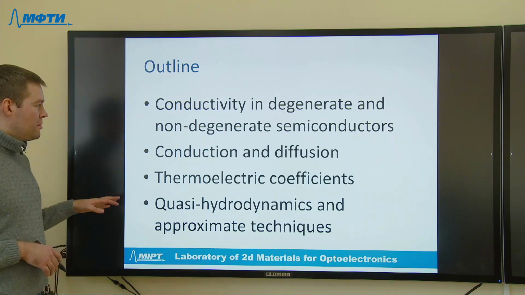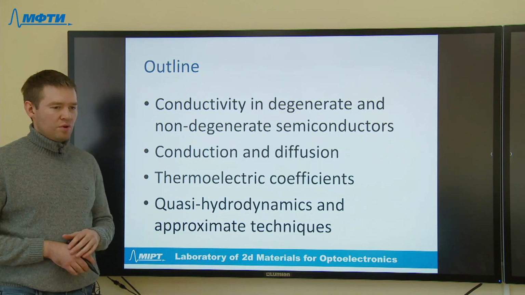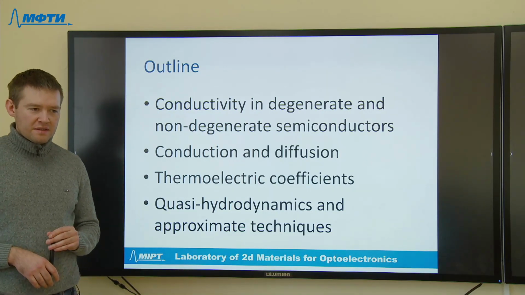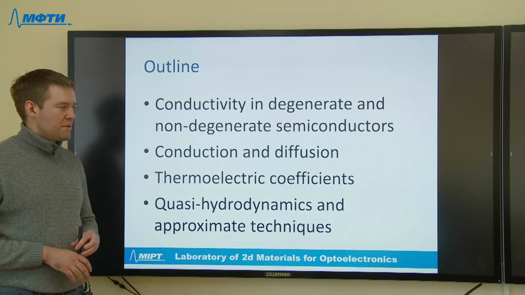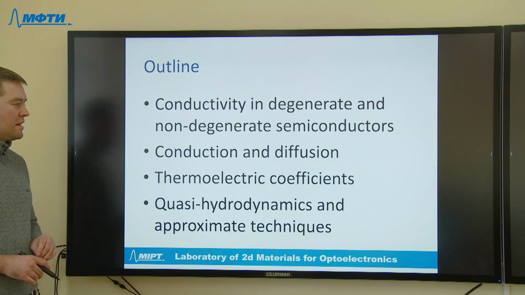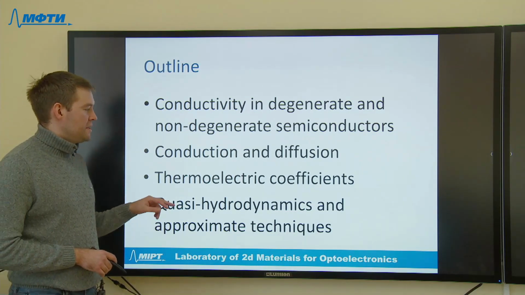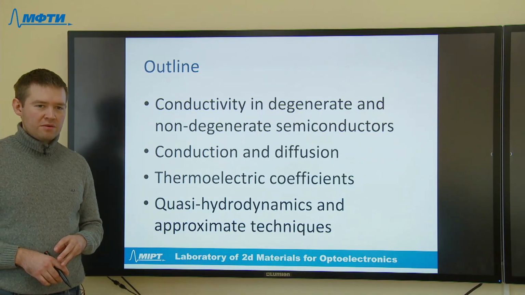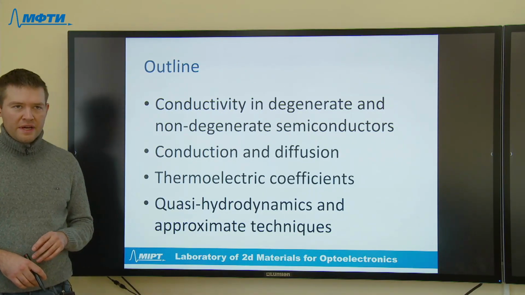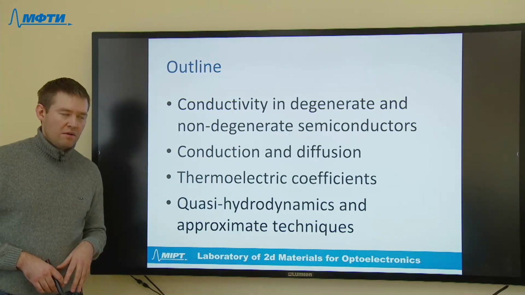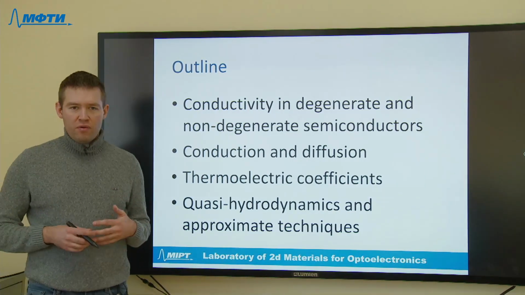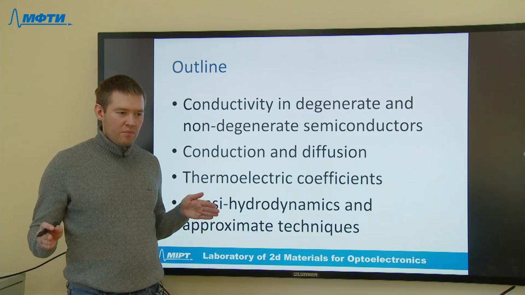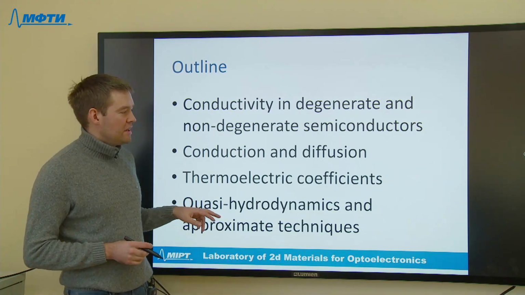Then we will see how to treat conductivity and diffusion on equal footings. How can we do this with kinetic equation? And last, what we will cover today is the consideration of thermoelectricity, thermoelectric coefficients. How does the electric or diffusive current form itself in semiconductors that are subjected to temperature difference between hot and cold ends?